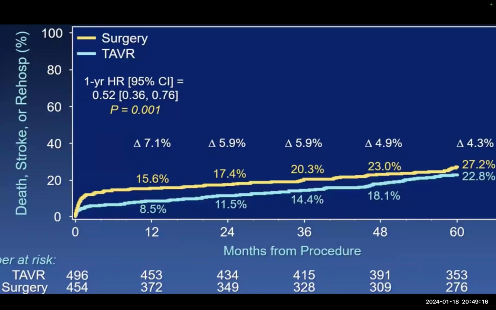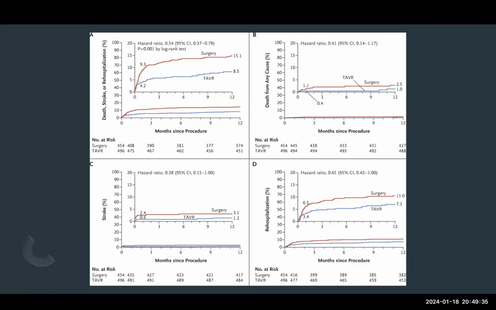Death, stroke, or rehospitalization: at the first 12 months, actually TAVI is superior to surgery. Surgery outcomes 15.6% die, had a stroke, or were rehospitalized, and TAVI 8.5%. When you dissect them, in death from any cause, surgery is 1.1%, and TAVR at 12 months is 2.